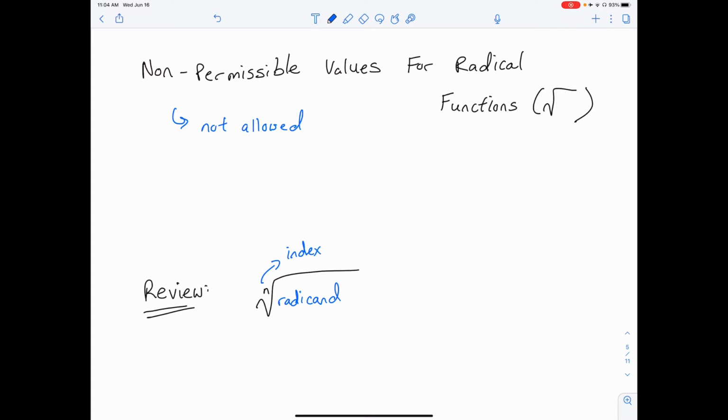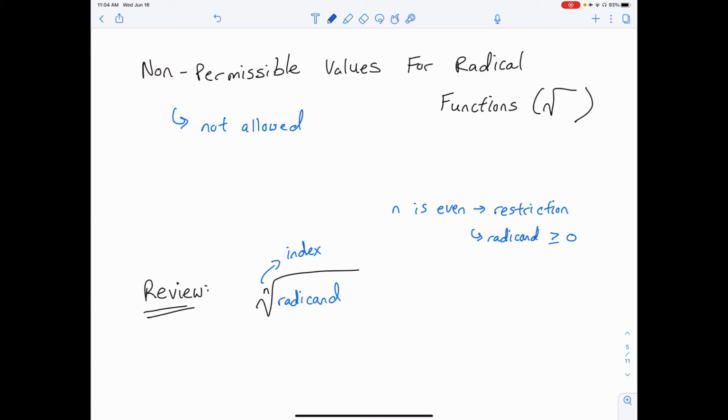So let's do a little bit more review here. Now when we talk about the index, n here has two possibilities. If n is even, then we do have a restriction. The restriction is that the radicand has to be bigger than or equal to 0 because we cannot square root negative numbers, or we cannot even root negative numbers or values.